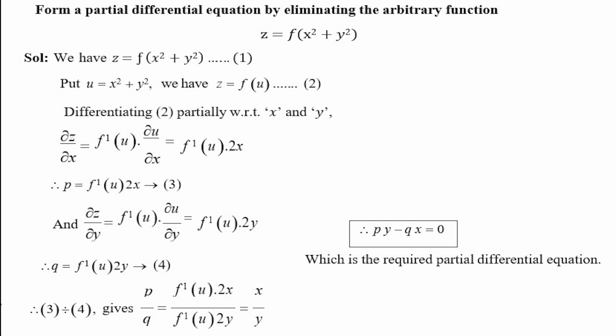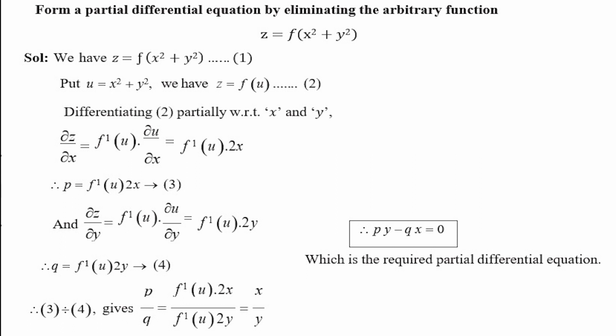We get 2. Substitute here, and then ∂z/∂y equal to q. So q equal to f dash of u into 2y. Then this is equation number 4.